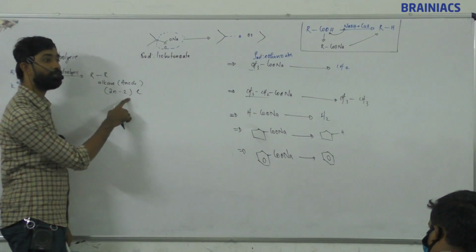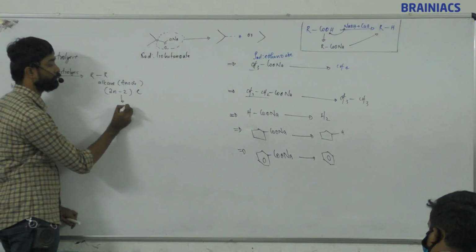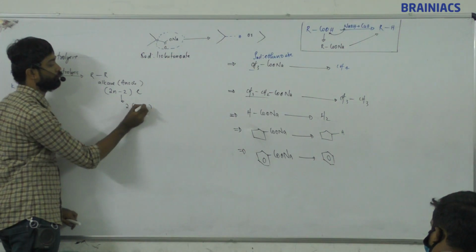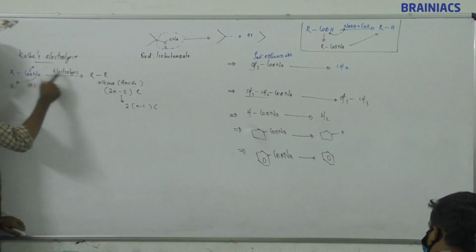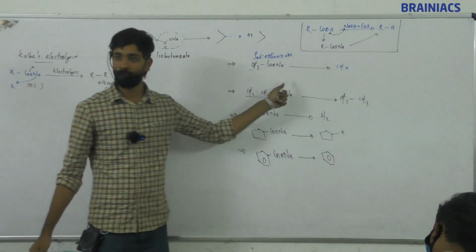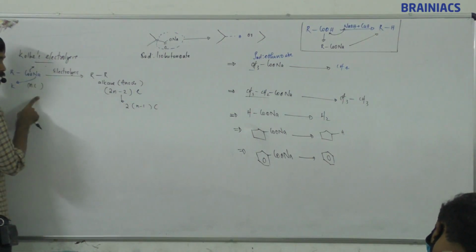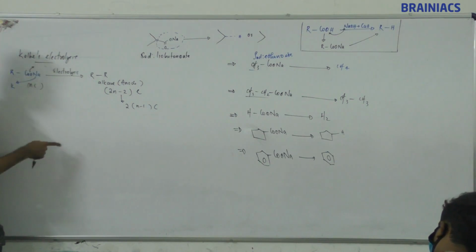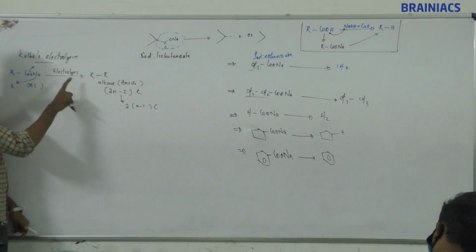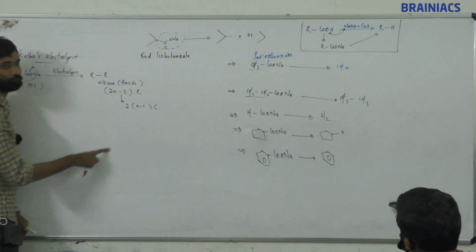So you obtain 2n minus 2, or 2 of n minus 1 carbon. You know that from n carbon you obtain n minus 1 carbon using soda lime, but if it is electrolysis, you obtain double of n minus 1.